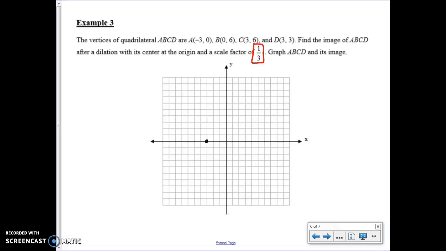Left 3 and up 0 is A. We don't move left or right, we go up 6. That's B. And then C is right 3, up 6. And then D is right 3, up 3. So we call this point D.